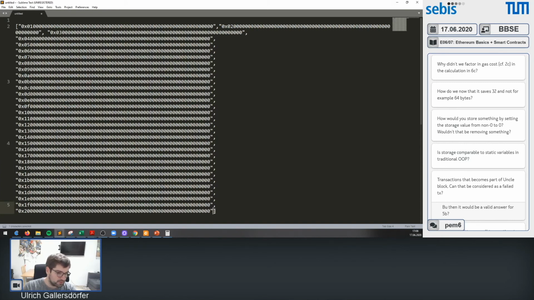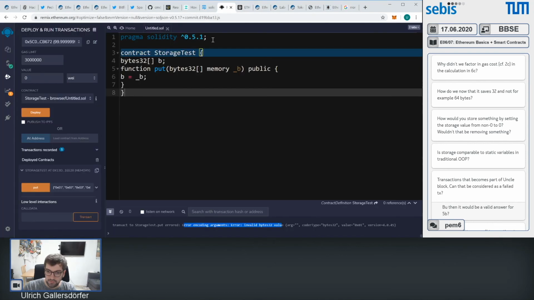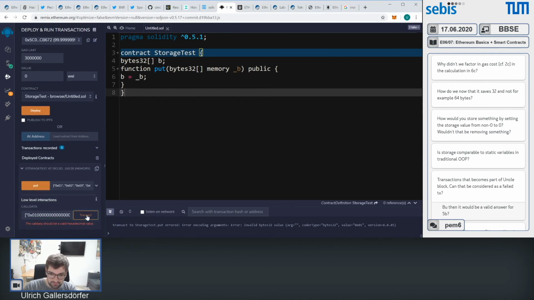And if we now take this one and copy it into our Chrome and go back here and say we want to do that, then I failed for some reason. Why did it fail? It should be a valid hexadecimal. I tried it 2 minutes ago.